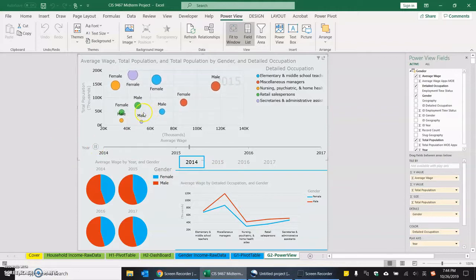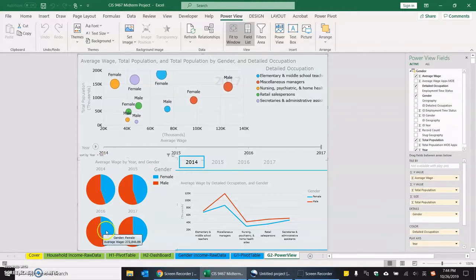After we play it, we can see how the 5 occupations, the salary, and the population in that occupation change from 2014 to 2017. And from the pie chart, we can tell that female workers are making a bit better compared to male over every year. So it's a good thing that we're seeing progress of income equality between male and female.